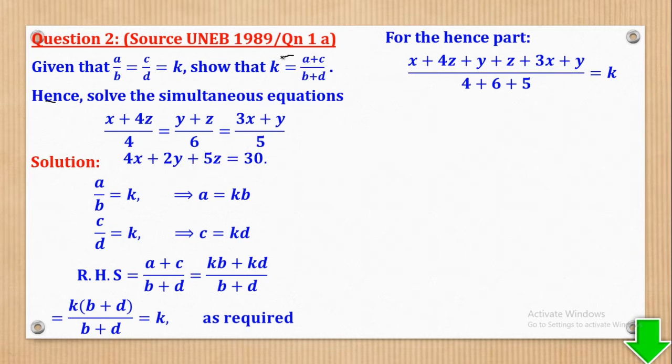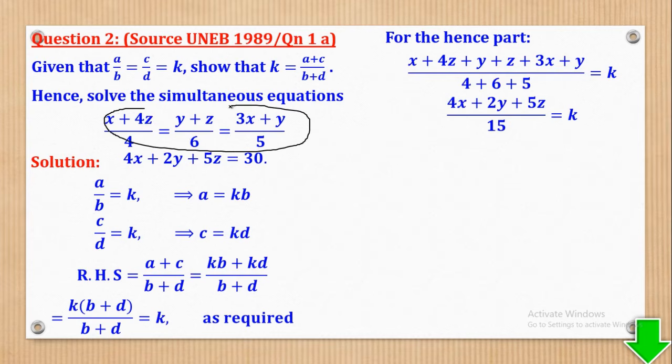Hence means that start from this expression. So that's where I started from. Now we are going to simplify the numerator to come up with this. Then this denominator will become that. Then remember we have got this from equation 1. What about this equation 2? There's something unique here.